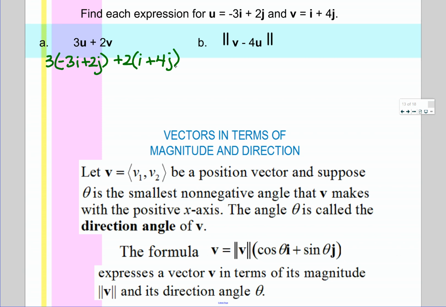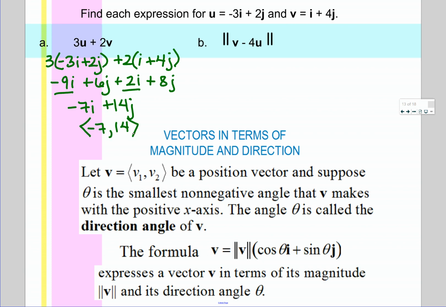We're going to distribute and combine like terms. If I distribute, I get negative 9i plus 6j, 2i plus 8j, and then combine together my like terms. So I have a negative 9i and a 2i, which give me negative 7i, 6j, and 8j give me a 14j. So you could leave your answer like this, or you could write it in that position vector form, negative 7, 14. They both mean the same thing.